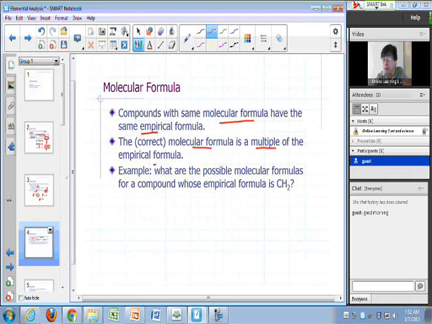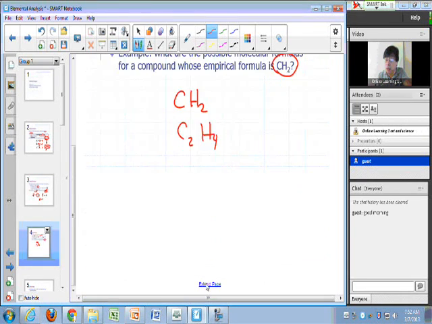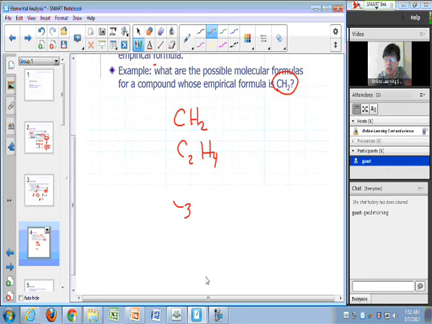So for example, if you have a compound with an empirical formula of CH2, okay, the correct formula of the compound could be CH2, it could be C2H4, okay, it could be C3H6.